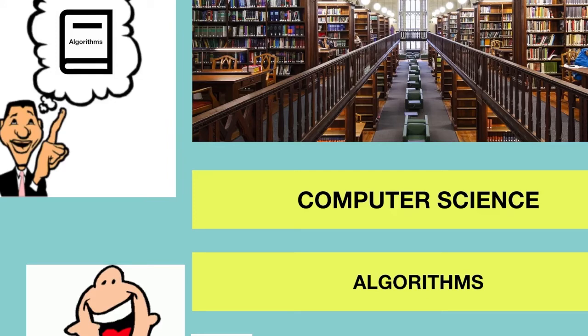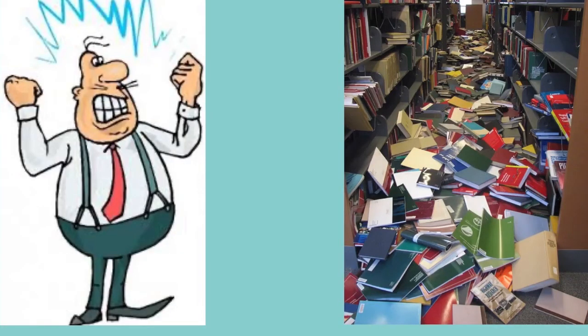As you see, it's very easy to find the book that we need in this way. On the other hand, if these books are not organized in this manner and just distributed randomly, it will be almost impossible to find the book that we need. This is the way a librarian organizes books in a particular form to efficiently perform a task.